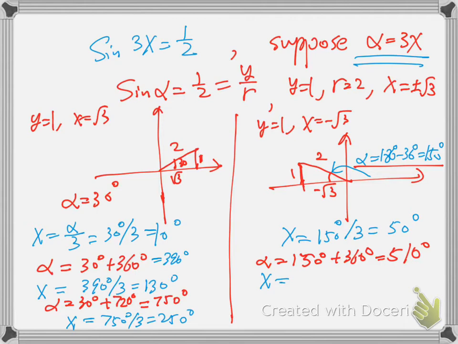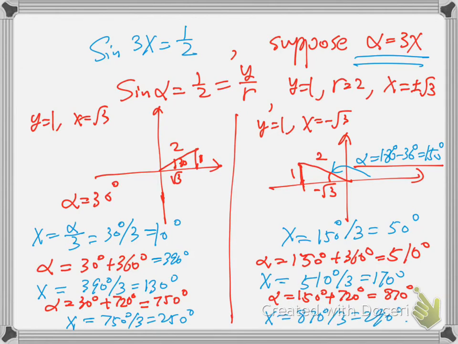So 510 divided by 3 is 170. The next one, alpha is 150 plus 720, so this is 870. So x is this divided by 3, 290. The next one is too big.